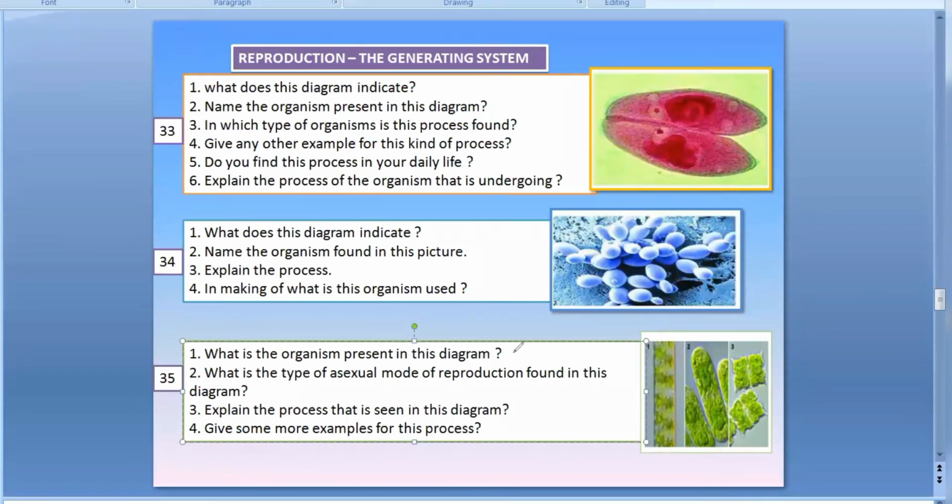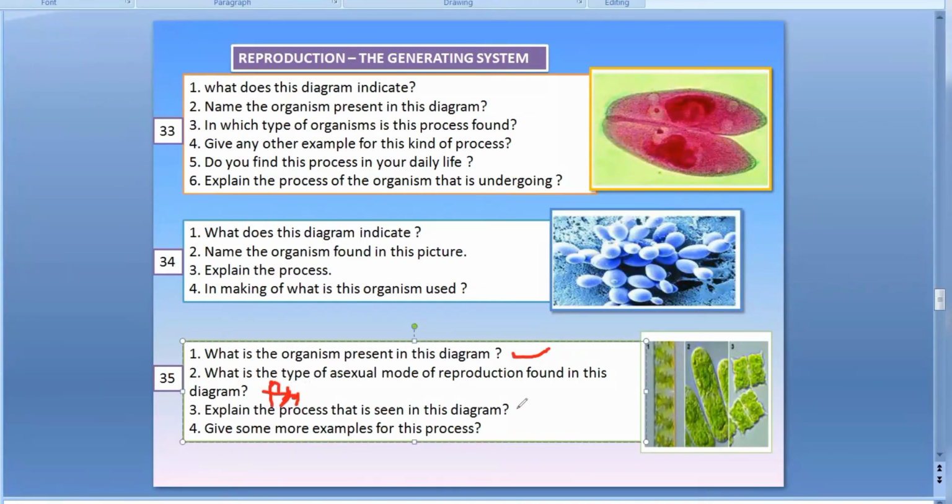The organism present in this diagram is Spirogyra. What is the type of asexual mode of reproduction found in this diagram? Fragmentation.